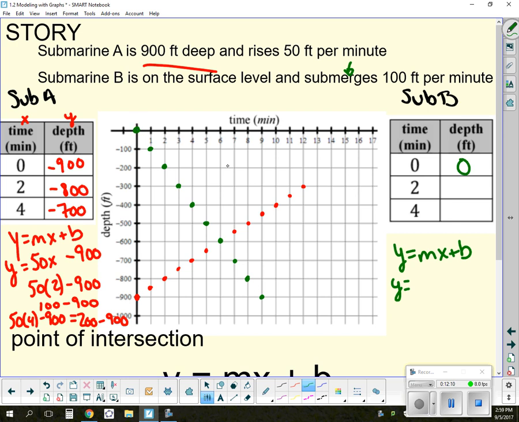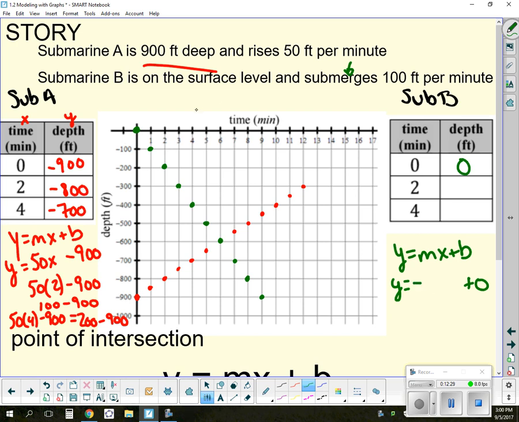That happens at 0. And then your rate of change. Notice that with our red dots, we're increasing from left to right, so we had a positive slope. But for our green, we are decreasing from left to right, so our slope has to be negative.